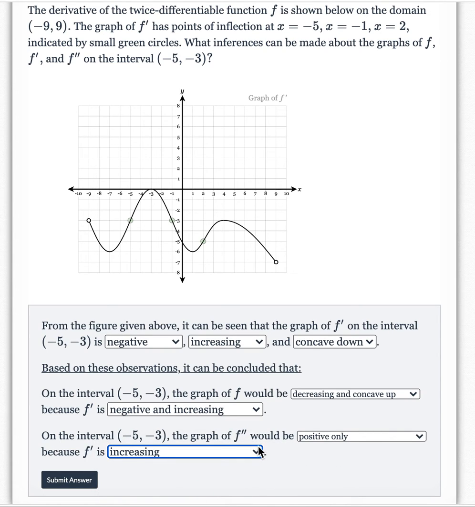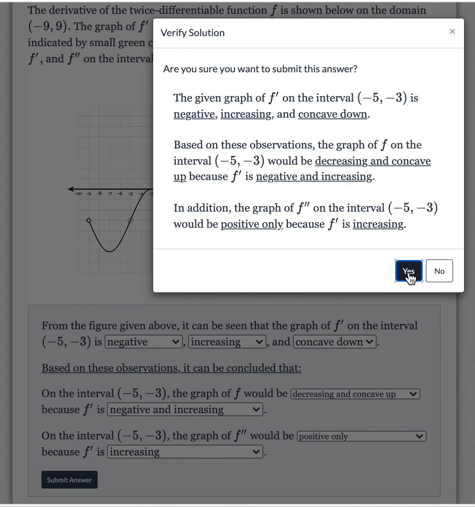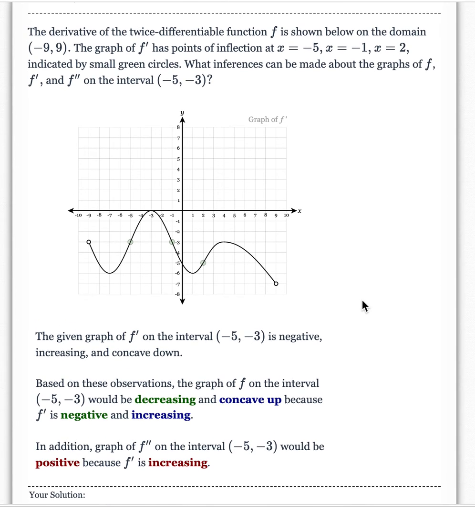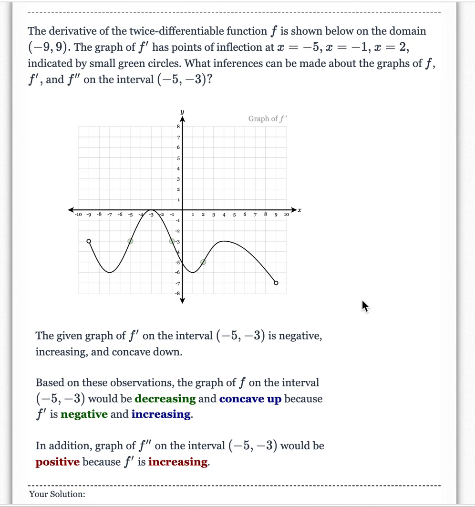Okay, so what we're saying here is the concavity would be positive because f prime is increasing. So again, f prime increasing is concave up. F prime decreasing is concave down. We can submit our answer and see the Delta Math explanation.